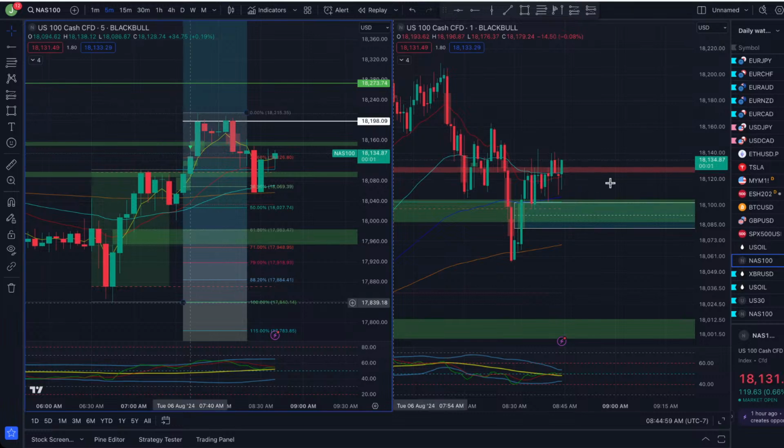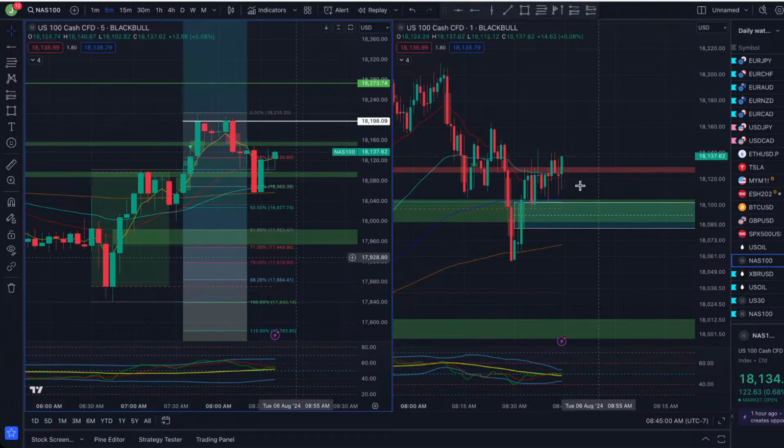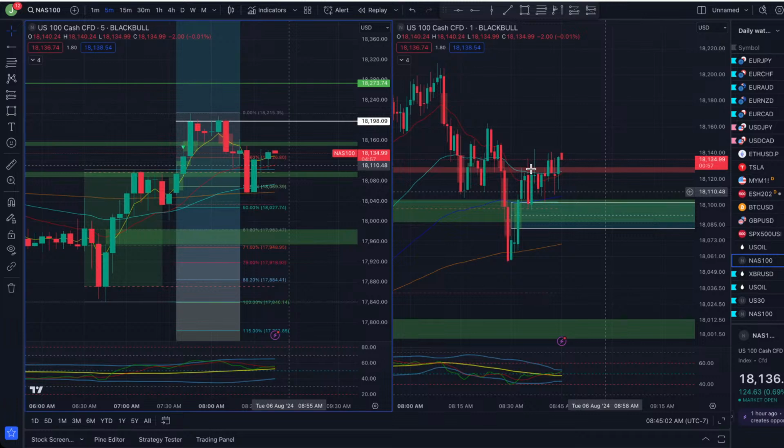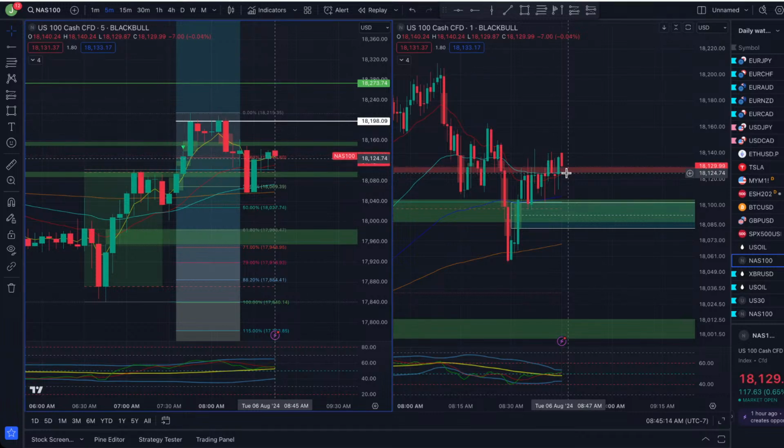Now we're getting that same rejection to the top side of that same fair value gap. Just increasing our probabilities, actually.